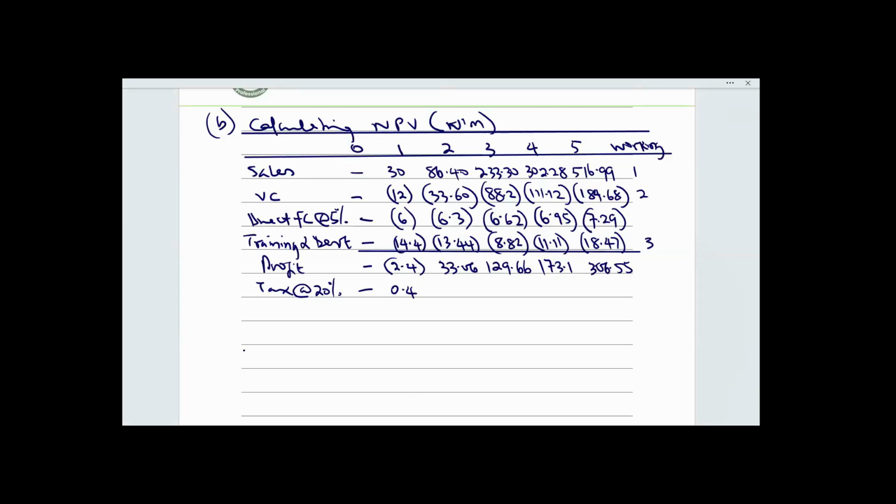You have made a loss of 2.4 in the 1st year, and because of the information that the examiner told you, that the company makes sufficient profit from other business activity from which to take advantage of any loss relief, you multiply the company tax rate on this loss of 2.4 so that you relieve it. That will reduce your loss. So that's how we are going to treat it.